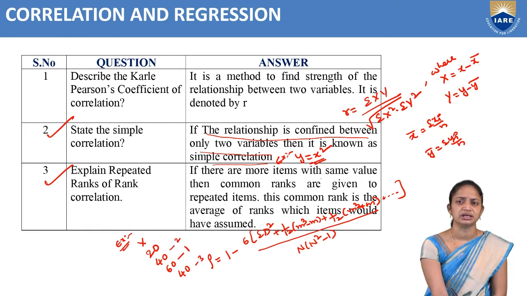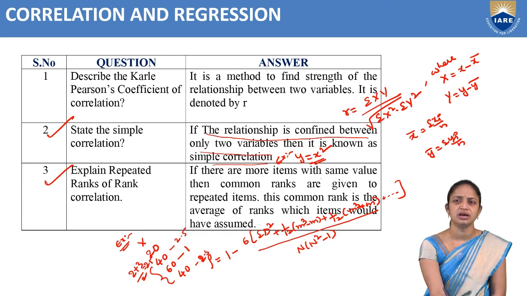But here we have the same marks, so I take 2 plus 3 by 2, the average of these two ranks, that is 2.5. So for 40, I give 2.5, and here also we have 40, so I give 2.5.